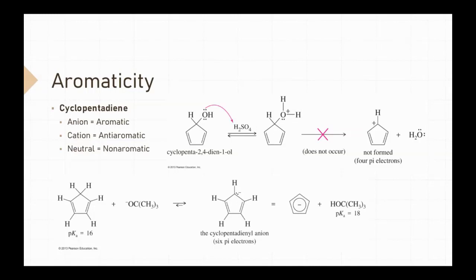Now, for this one, if we turn this into a good leaving group and dehydrate this molecule, it becomes non-aromatic and turns into anti-aromatic. That's not good, so this will not occur. Dehydrating this molecule is less likely to happen because it forms an anti-aromatic ring.